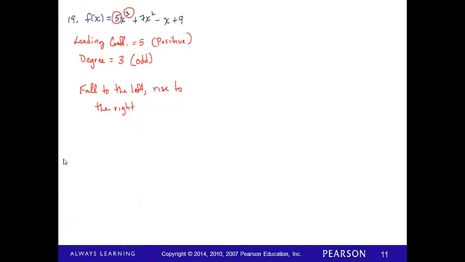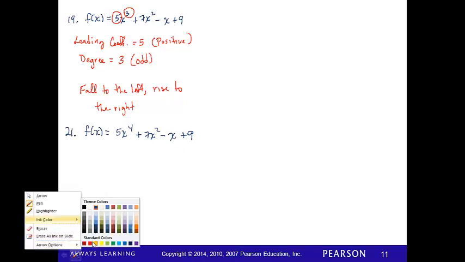All right, number 21. So we have f of x equal to 5x to the fourth power plus 7x squared minus x plus 9.